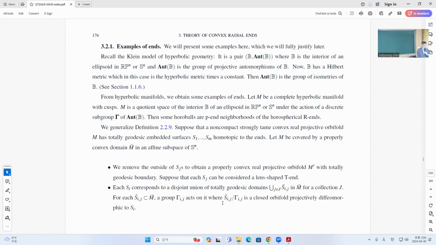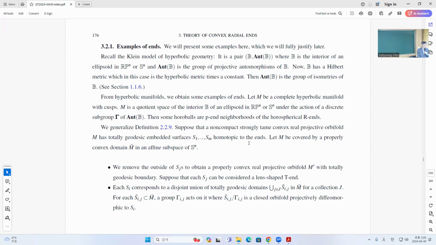Maybe I didn't explain that too well here, so skip this anyway. Let me explain this here. You have some interior ellipsoid here, and then what is the group of projective automorphisms. B has a Hilbert metric, which is a hyperbolic metric times some constant.